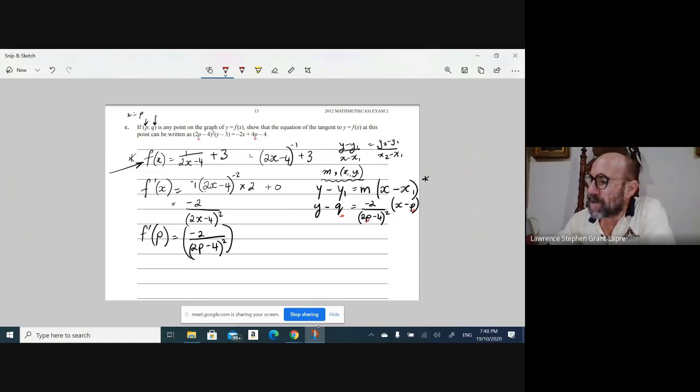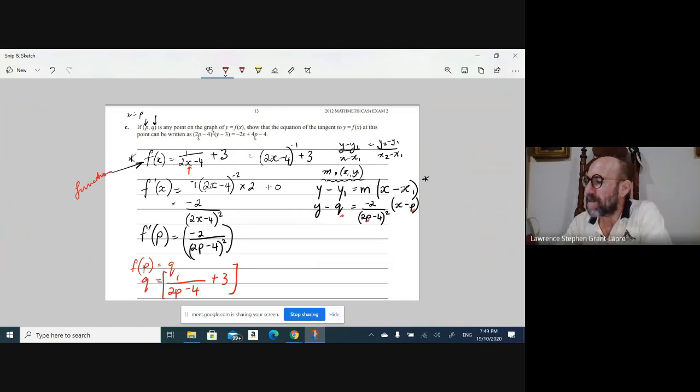So if we substitute p into this function, we should get 1 over 2p minus 4, plus 3. So that's what q equals: q equals 1 over 2p minus 4 plus 3, if we substitute in the function.